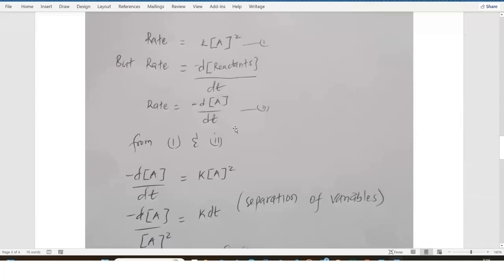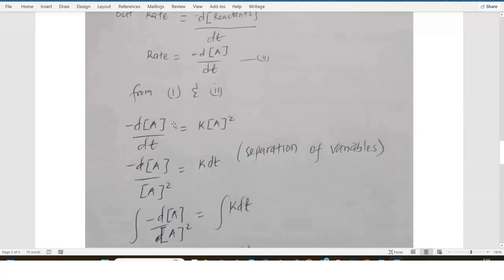But now, remember our rate law. Our rate law says that the rate for a second order reaction is directly proportional to the square of the concentration. So if I call that equation 1, I call this equation 2. From 1 and 2, I see that negative d[A]/dt is equal to k[A]².